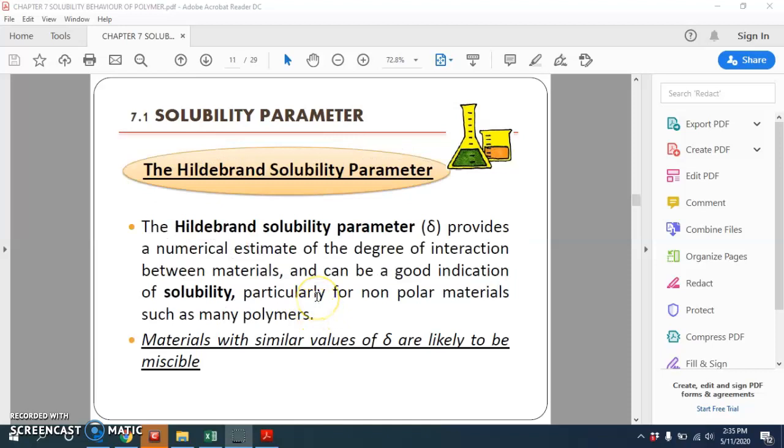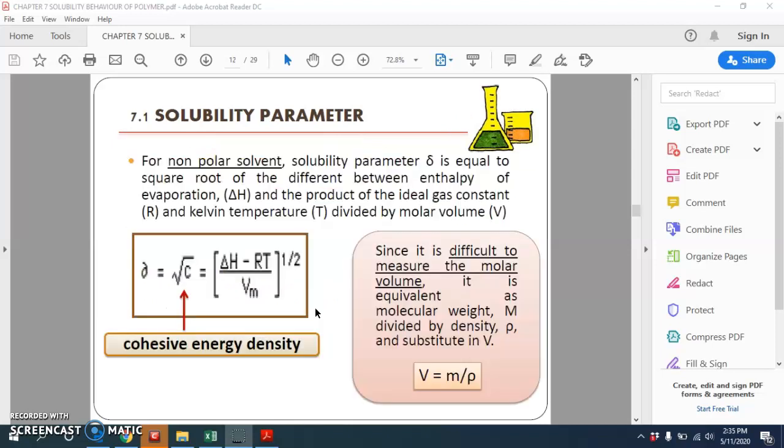The solubility parameter provides a numerical estimate of the degree of interaction between materials and can be a good indication of solubility, particularly for non-polar materials such as many polymers. So materials with similar values of solubility parameter are likely to be miscible. What is miscible? It means that two components can mix or homogenize together.